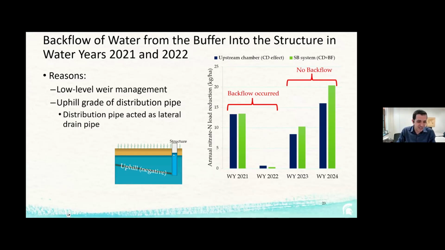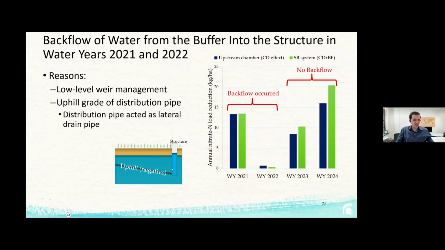If I've got a structure and a lateral, it's going to act like a tile drain pipe lateral, because just like a lateral goes downhill to move water away, this is doing the same thing. There's water coming in, and we saw that in the first 2 years because we were not managing it high enough.